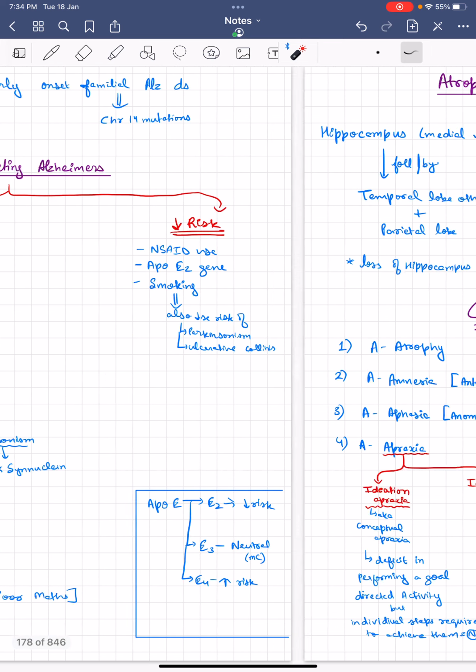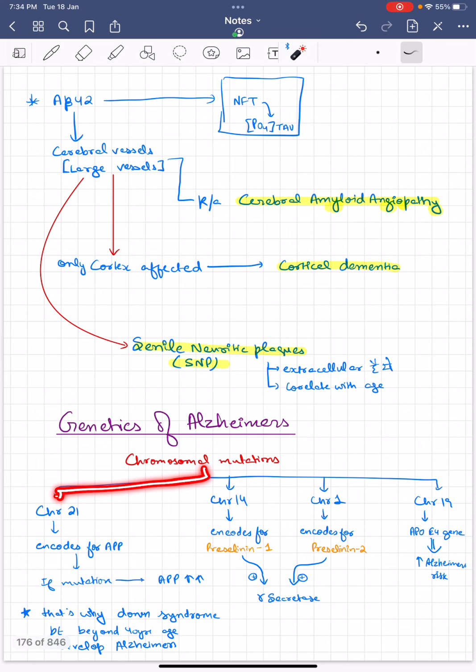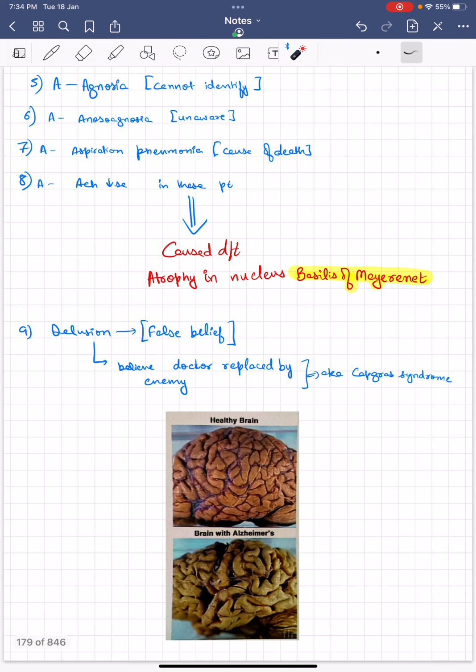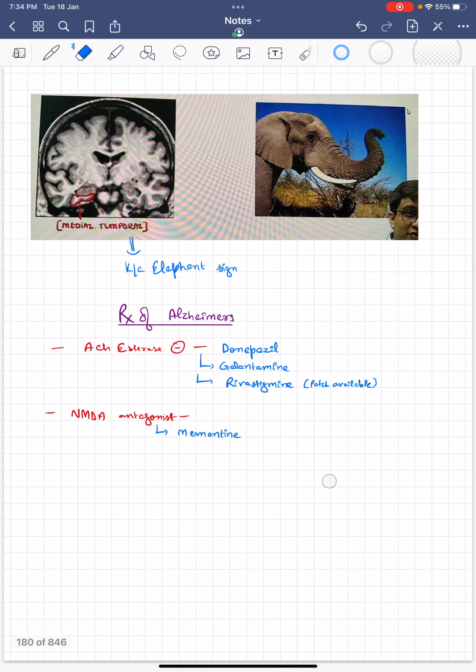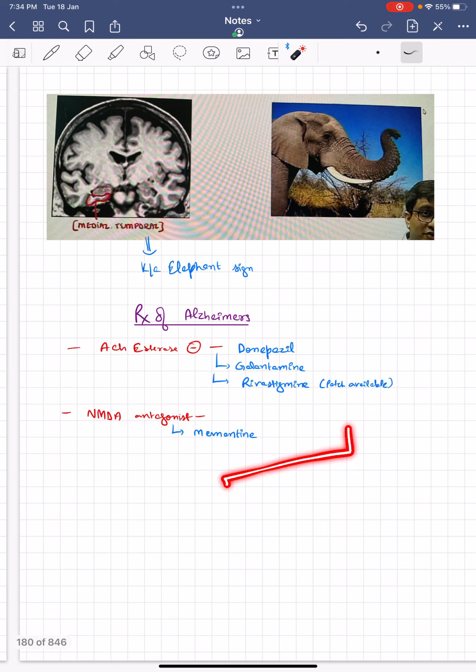Genetics of Alzheimer's. There were multiple chromosomal anomalies. Chromosome number 21, trisomy in Down syndrome, leading to an early onset of Alzheimer's because it produces increased amyloid precursor protein. Chromosome number 14, whose mutation is the most common genetic cause of Alzheimer's disease.